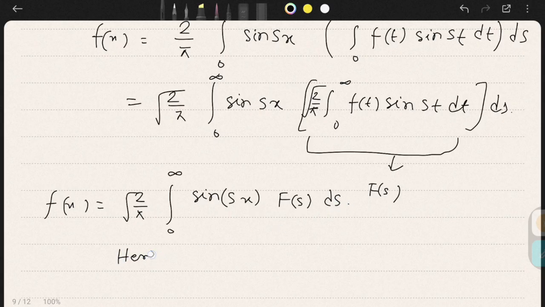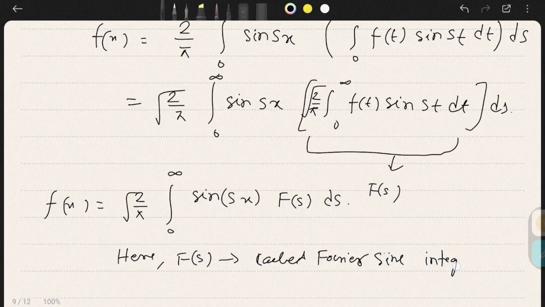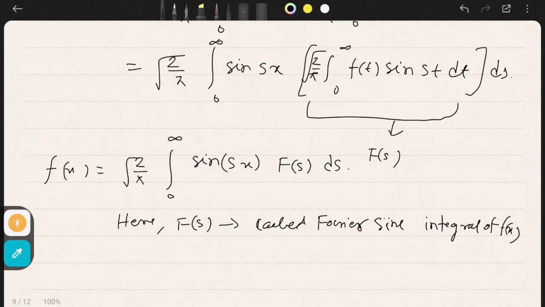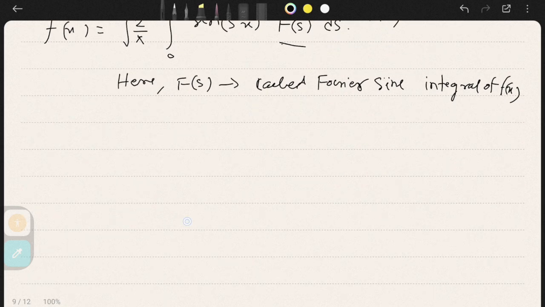Here F(s) is called the Fourier sine transform of f(x), and this f(x) is called the Fourier inverse sine transform of F(s). So they are both inverses of each other.